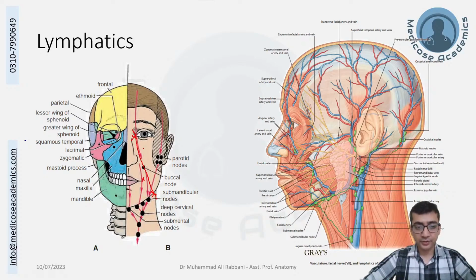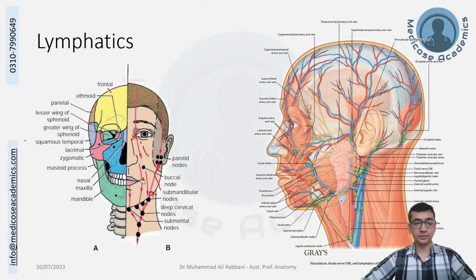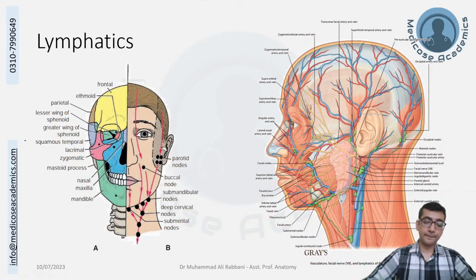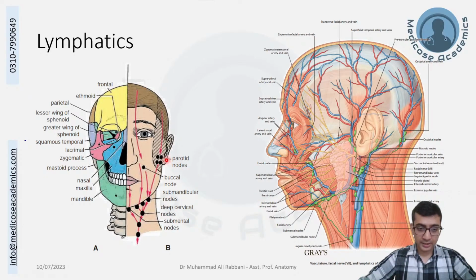Beyond the facial artery, this area leads to the parotid nodes, the ones in front of the parotid gland, in front of the ear: the preauricular nodes and parotid nodes. The one over the cheek will be buccal nodes.